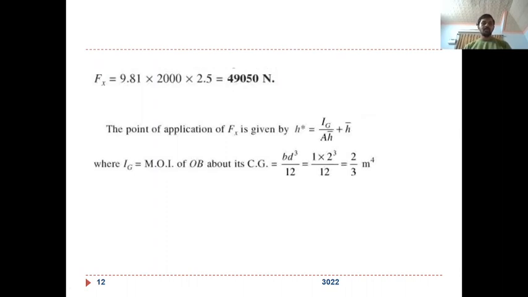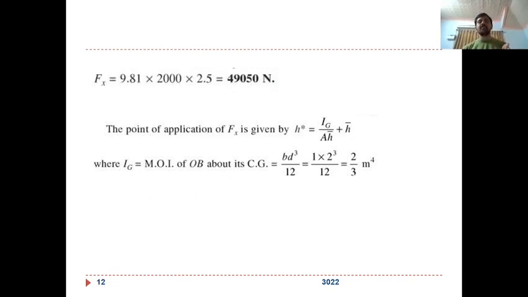Now the point of application of that horizontal component of force. Fx is only the horizontal component of the total force. The point of application is H star, which is given by Ig by A H bar plus H bar, because it is considered as a vertical surface.